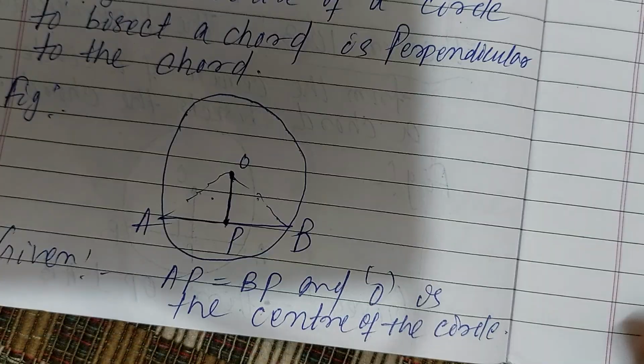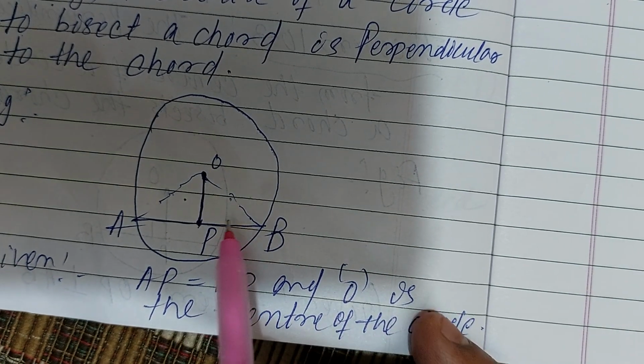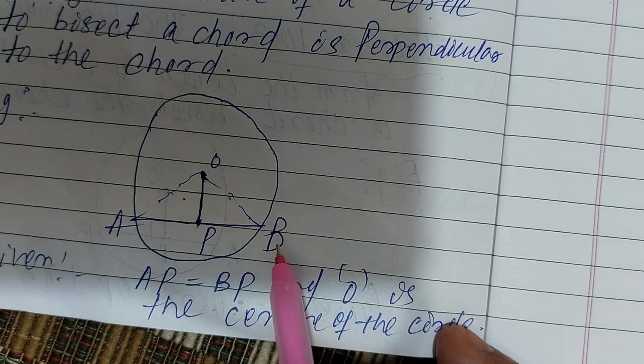So after congruency, what is our aim? We prove that OP is perpendicular to AB.